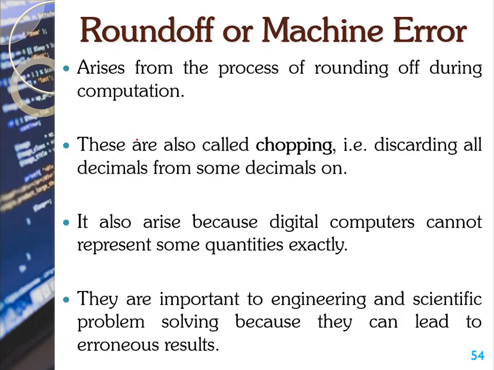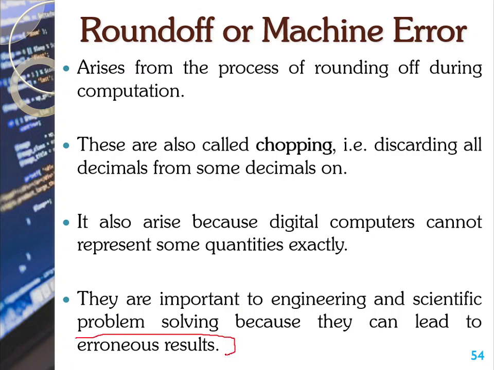This also arises because digital computers and devices are not able to represent some quantities exactly. And this for you as engineers is very important because once you are dealing with such systems, it's very good for you to know because it gives you a fair idea of what errors you are likely to make, and if you forgo that, it can lead to erroneous results in your calculations.